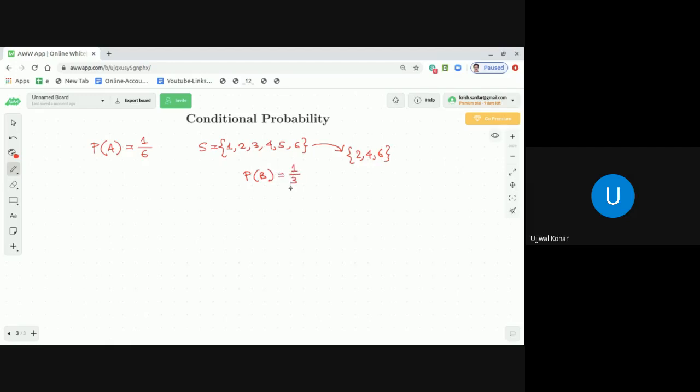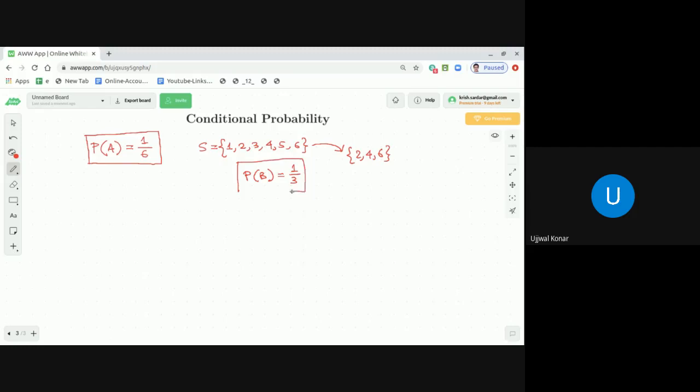Because out of 2, 4, 6, 2 can happen once. So the number of cases favorable to the event is 1 and the total number of cases is 3. So 1 by 3. You see, dear students, when I asked what is the probability that I get a face 2, your answer was 1 by 6. And then I say, I rolled a die and I got an even face, then you tell me the probability of getting a face 2. You say it is 1 by 3.